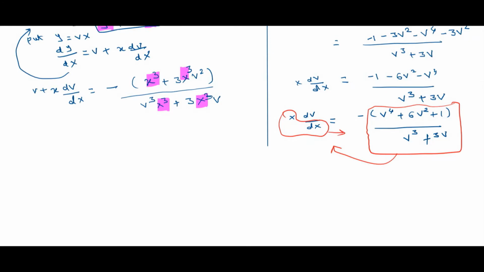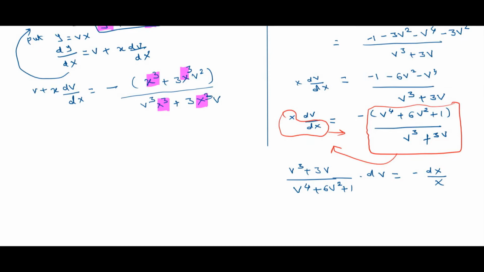We get (v cube plus 3v) divided by (v raised to 4 plus 6v square plus 1) into dv is equal to minus dx divided by x.